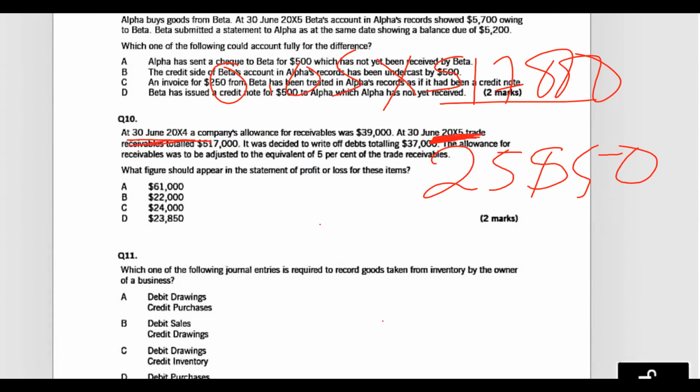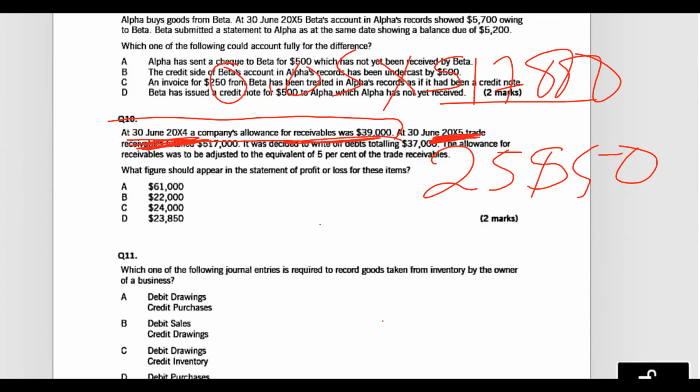So this is the other year, more like the opening one. As you open your trial balance, you find the opening balance, accumulated depreciation, accumulated allowance for receivables, which is also called the accumulated provision for doubtful debt. In other words, you come with it from the previous period. This 39,000 occurred from the previous period, in 2014.